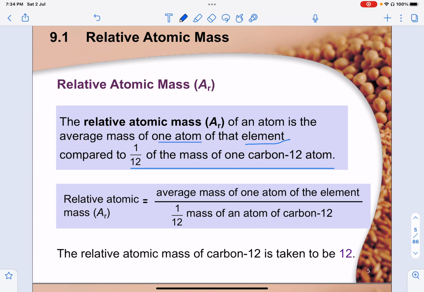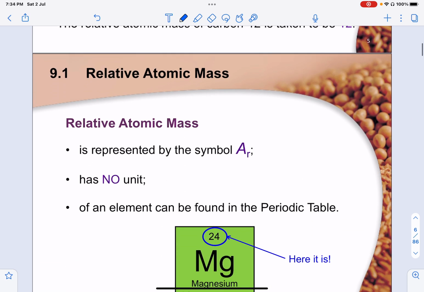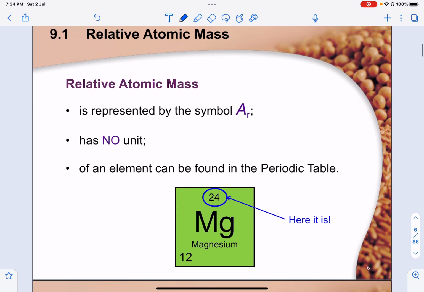In a maths formula kind of way, it's the average mass of all the atoms of that element divided by 1/12 the mass of an atom of carbon 12. So it's 12 times 1/12 times 12 is 1. Generally, the relative atomic mass of carbon 12 is taken to be 12. This is represented as Ar, and there are no units.